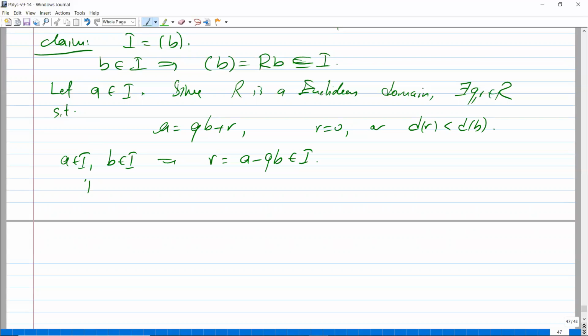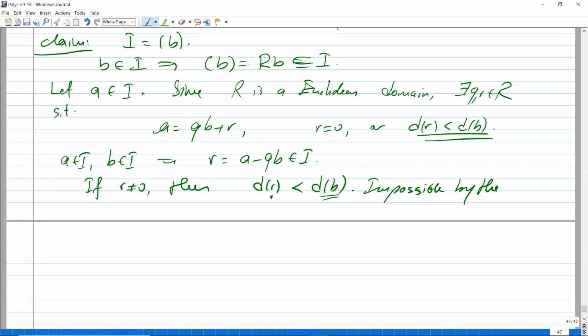Now, if R is not 0, then by this assumption d(R) is less than d(B). So we found another element in I whose d is smaller than d of B. But this is impossible by the choice of B. Therefore R is equal to 0.